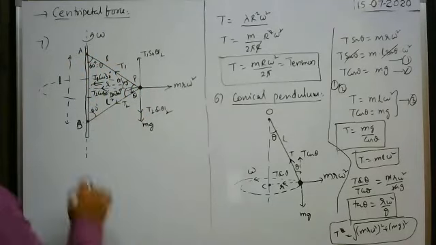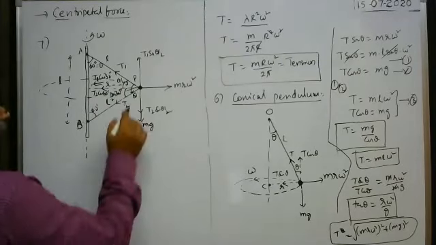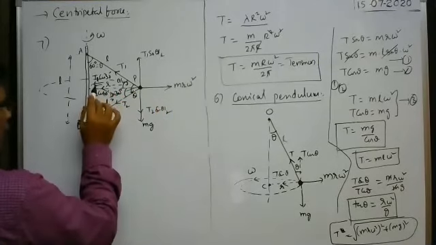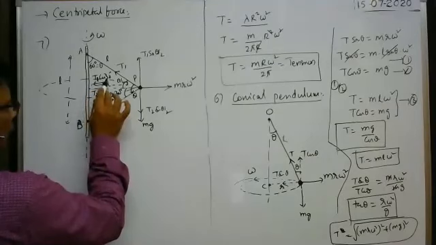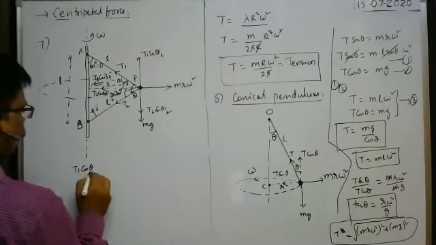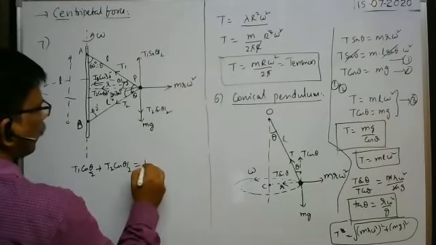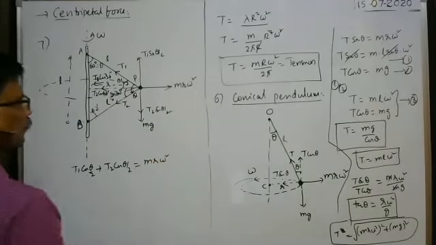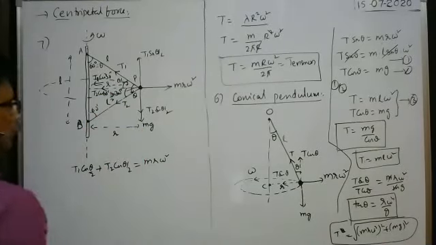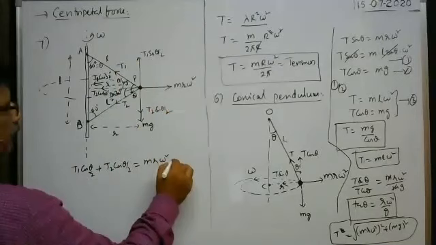So under the equilibrium condition, the total force acting on the particle towards the axis of rotation is T1 cos theta by 2 plus T2 cos theta by 2, which is equal to m r omega square, where r means this distance. It is along the x-axis. This is equation 1.